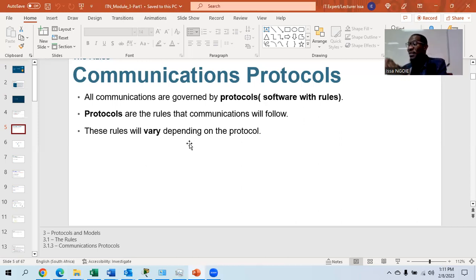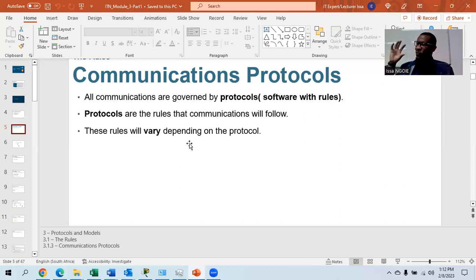Or the rules that your devices need to follow in order for them to be connected or to share information. So it means this: when you have your phone and you are chatting with your friends, your phone and your friend's phone need to speak the same language, to use the same principles or rules that we call protocols, right?